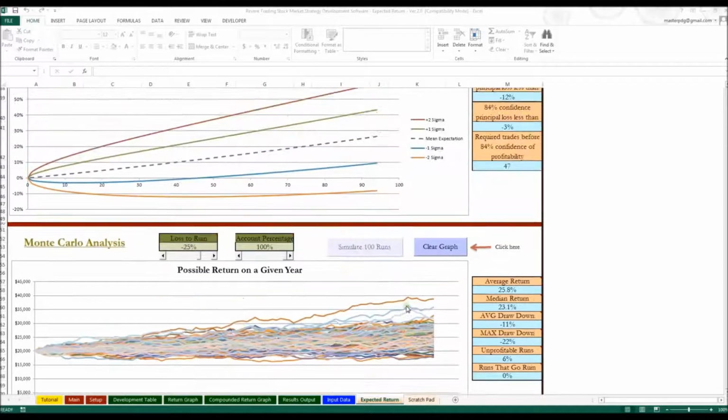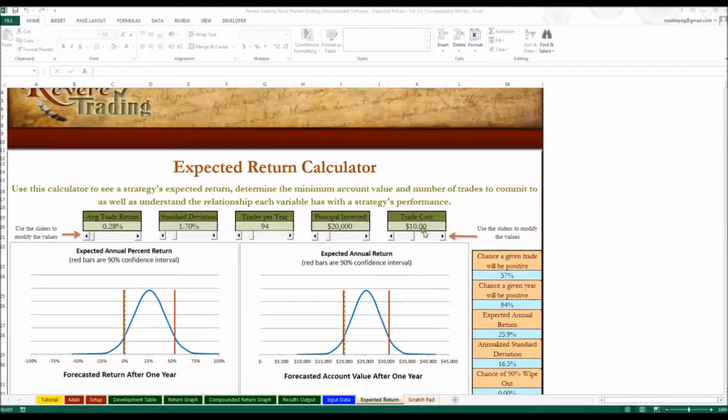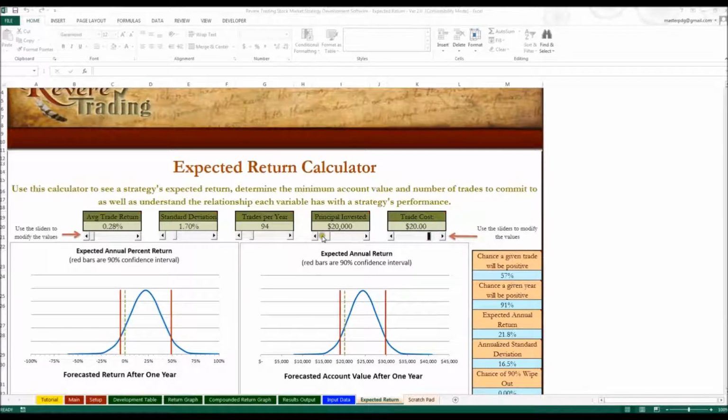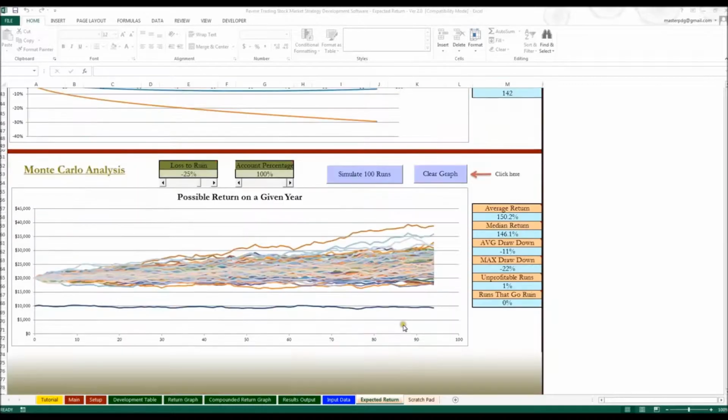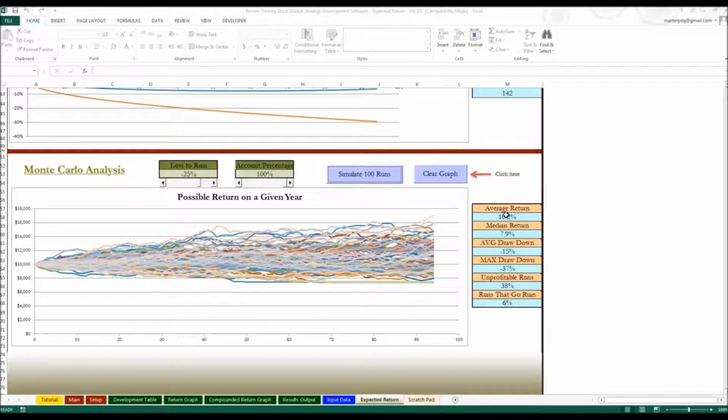That's pretty good. Let's see how that changes if we go back to a $20 round trip and $10,000 invested. We can run the simulation again, and it will do 100 again. And here you can see we've cut our average return just about in half.